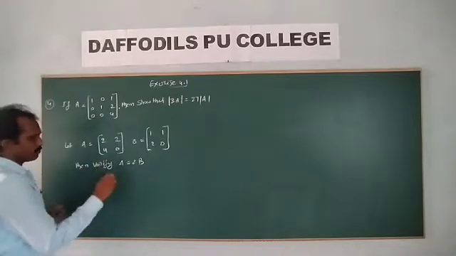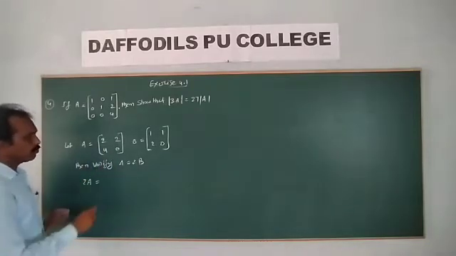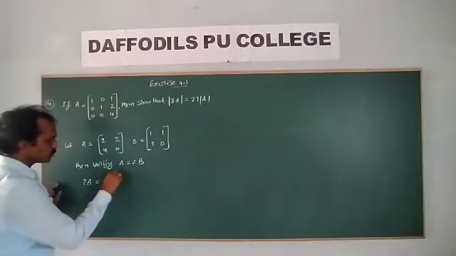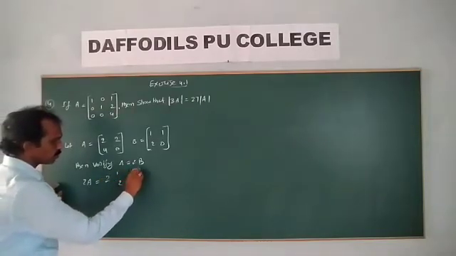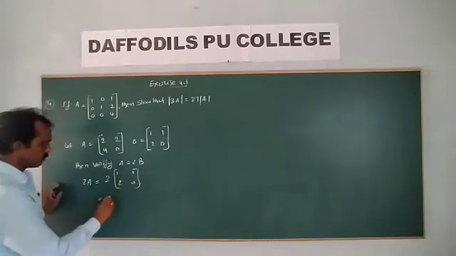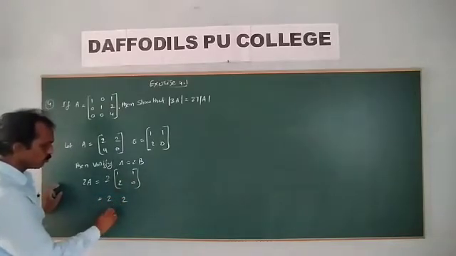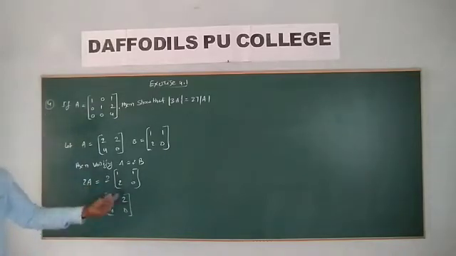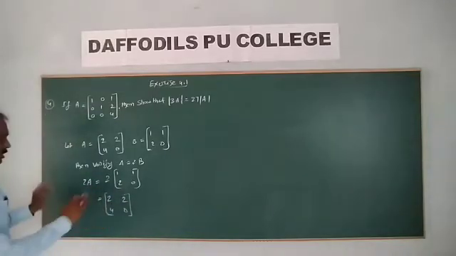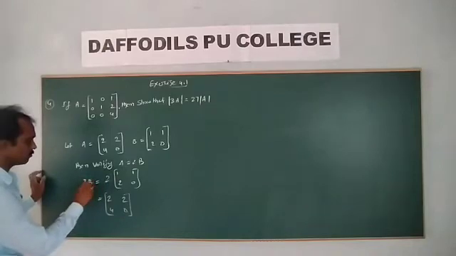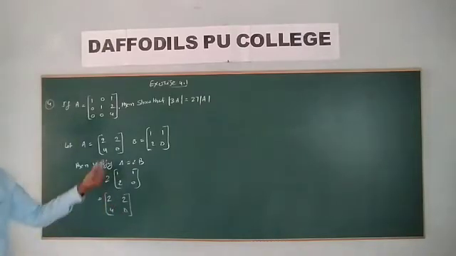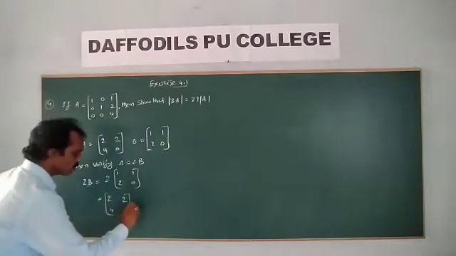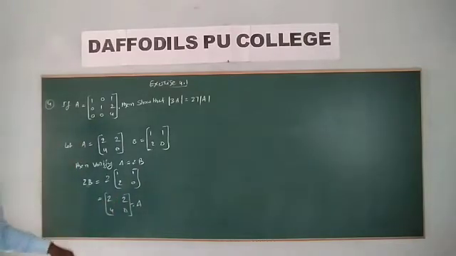I'll take 2B. What is 2B? 2B is equal to 2 times [1 1; 2 0], which is [2 2; 4 0]. So this is 2B. 2B is equal to [2 2; 4 0], which is equal to A. 2B is equal to A. So verified.